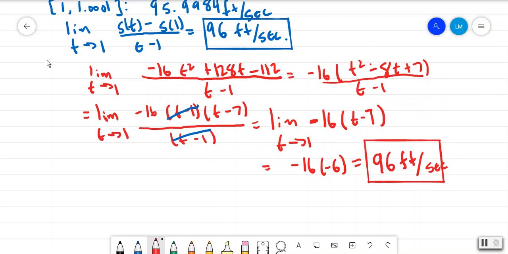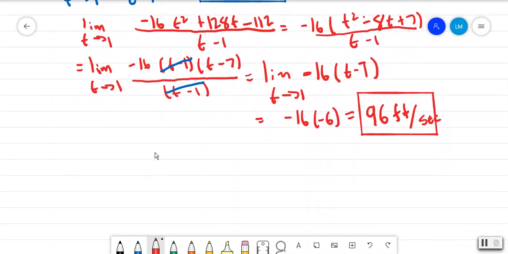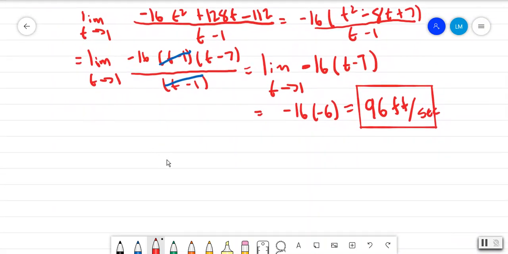So taking the average rate of change and taking t to 1 actually does help a little bit.